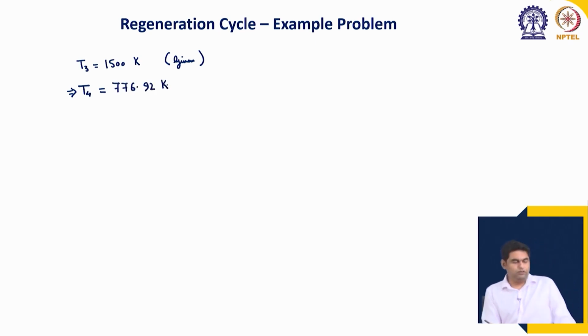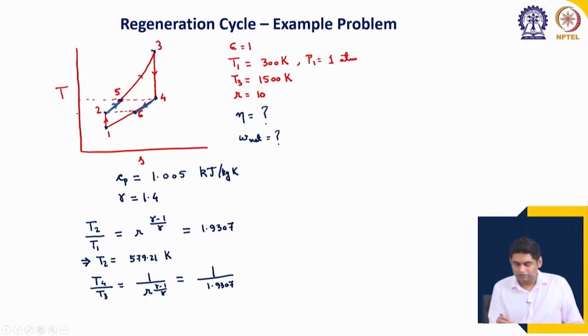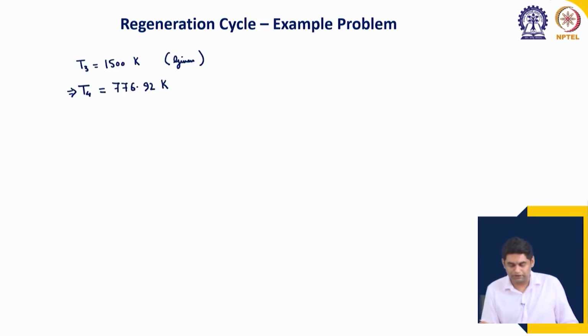Now, we also need to know the values of T5 and T6, because those will be required. For an ideal regenerator, with epsilon or regenerator effectiveness equal to 1, T5 should be equal to T4 and T6 is equal to T2, that we have previously learned in the previous class.